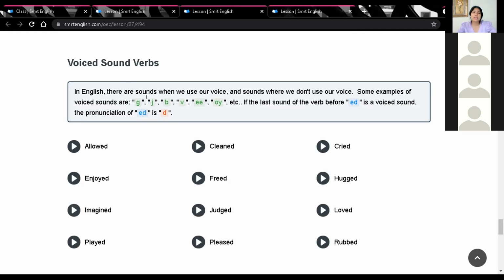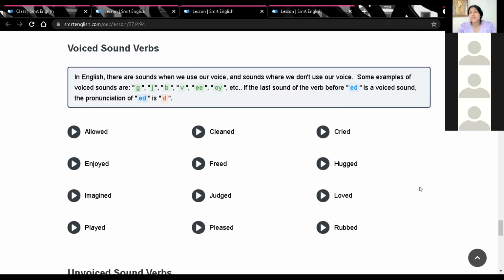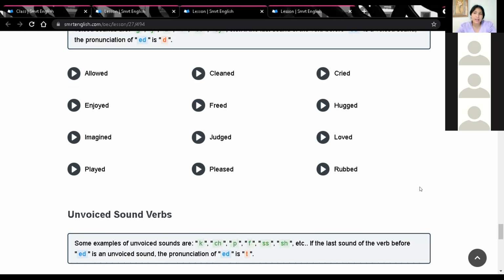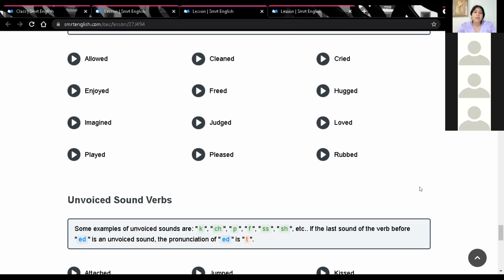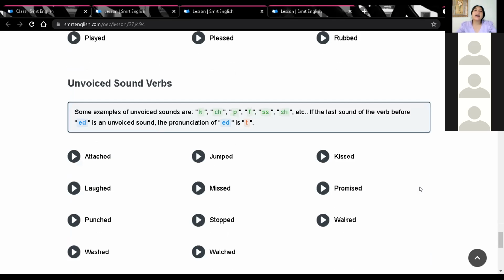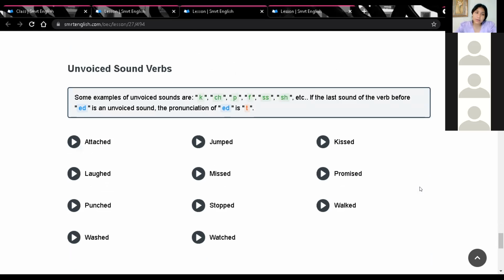So I repeat, these are examples of voiced sounds. I'll show you a little image later on so you can better identify the different sounds of the ED at the end of a past regular verb. Then it says unvoiced sound verbs. Some examples of unvoiced sounds are K, CH, P, F, SS, and SH.